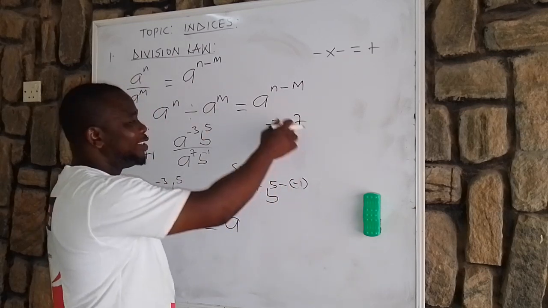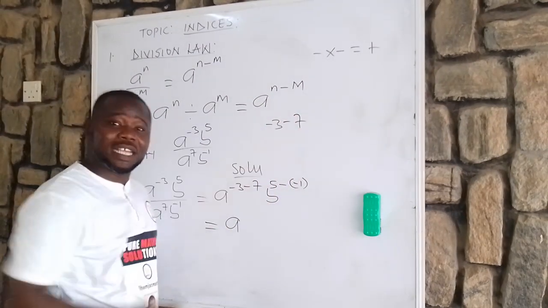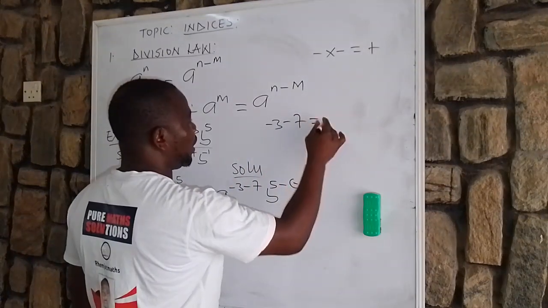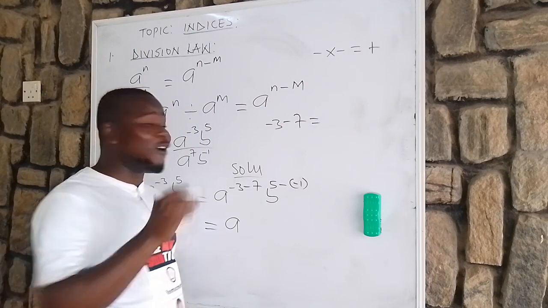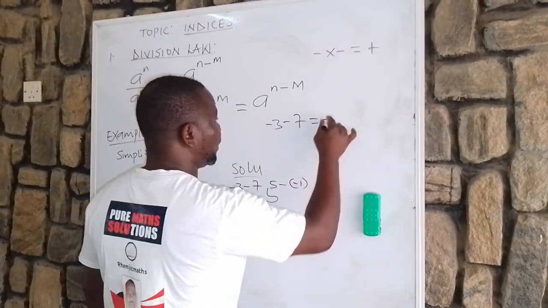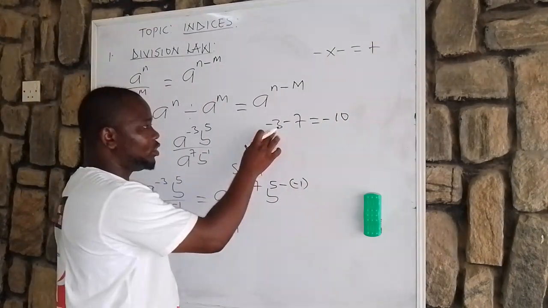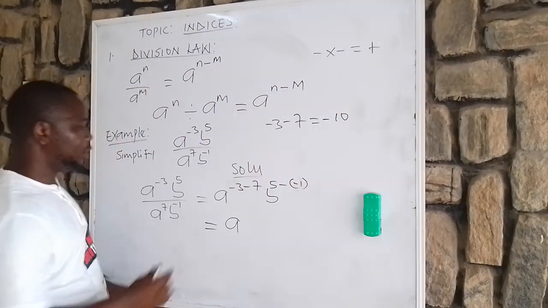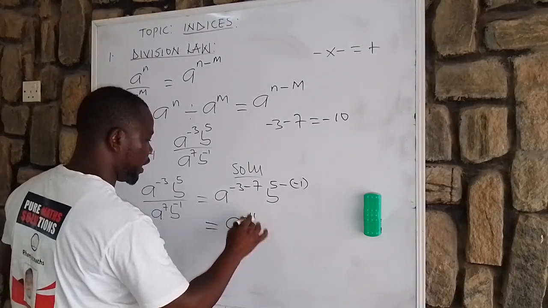You go back and borrow 7 naira. So if you add it together, what are you supposed to have? Is it plus 10 or minus 10? It's minus 10, because you don't pay the debt. So if you add them together, it's minus 10. So here will be minus 10.